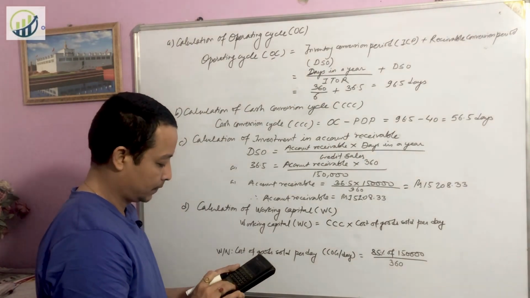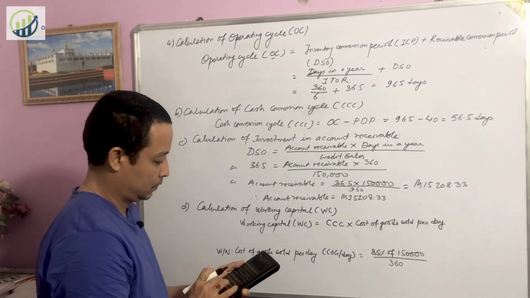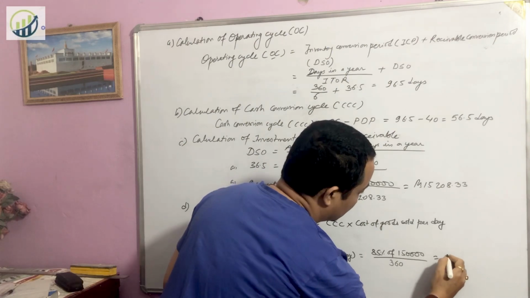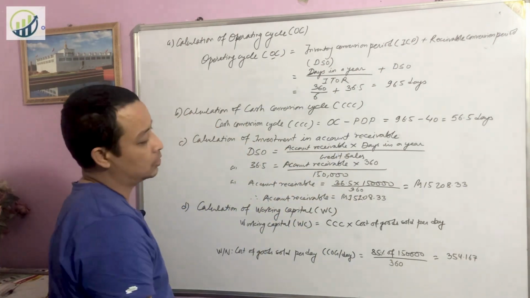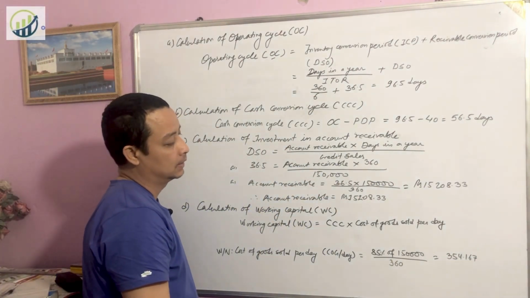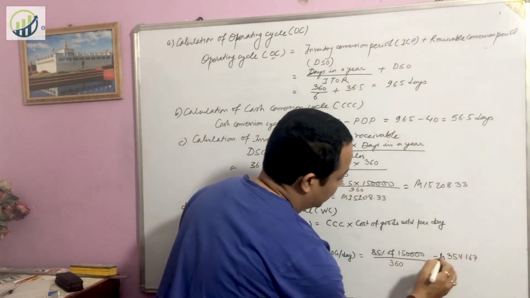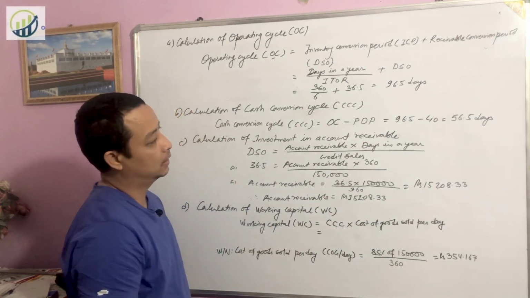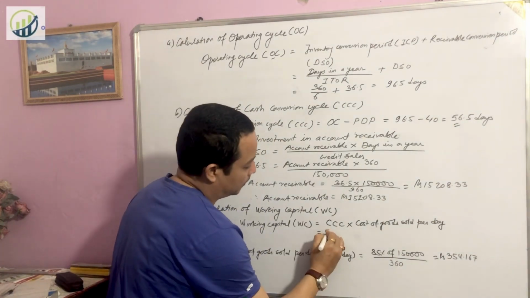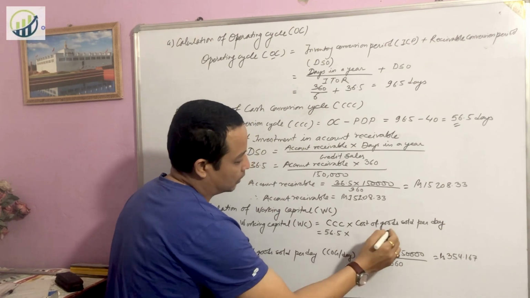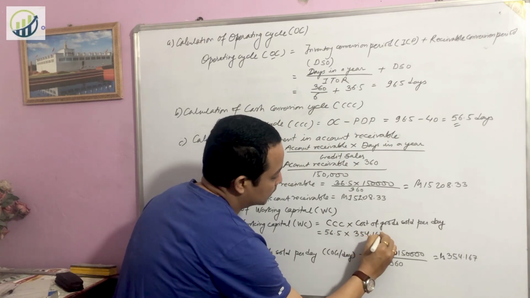That is 354.167. So your cost of goods sold per day is rupees 354.167. Now the cash conversion cycle you have found here, 56.5, into your cost of goods sold per day, 354.167.